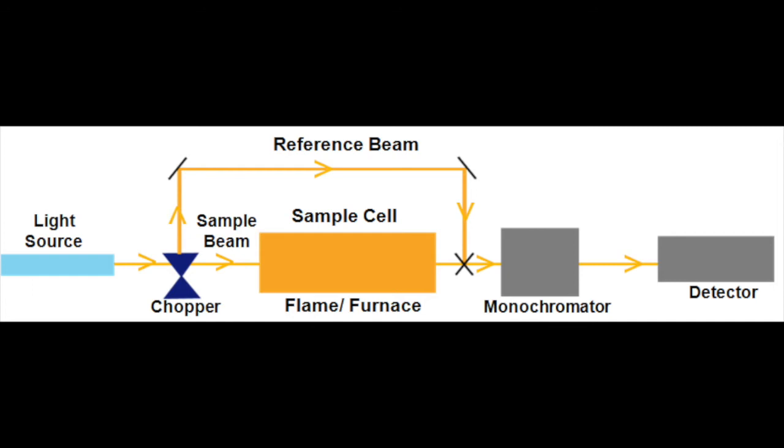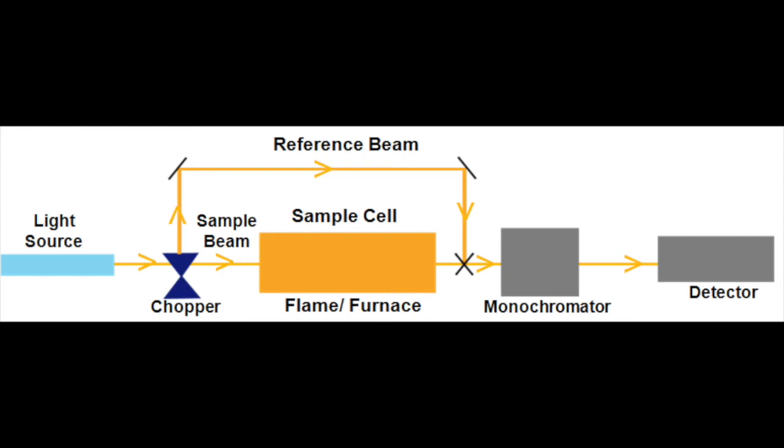This technique relies on light being passed through a sample at a certain wavelength. Light starts at the hollow cathode lamp. Some of the light will be absorbed by an electron as it moves into a high energy state, so not all the light will pass through. The chopper separates the beam into 2 separate streams and uses one of these beams as a reference beam.